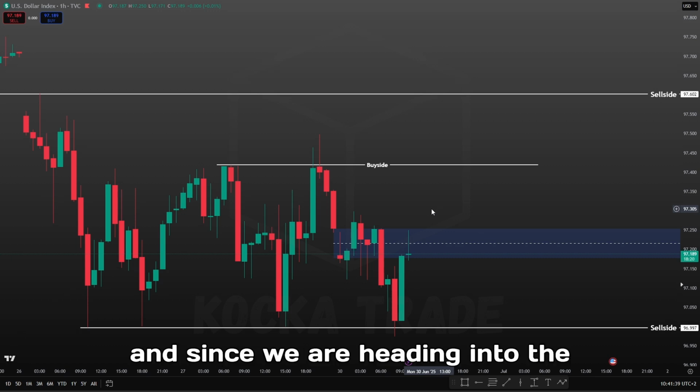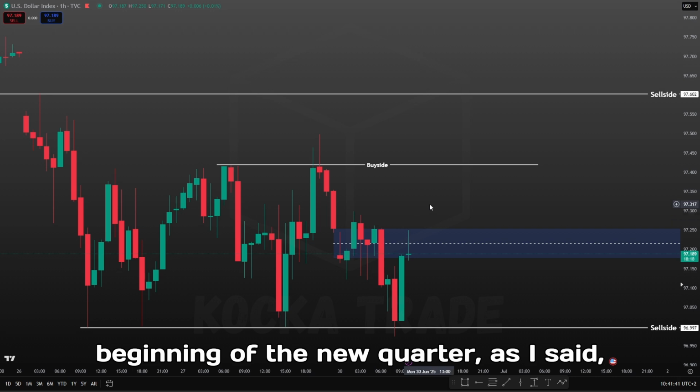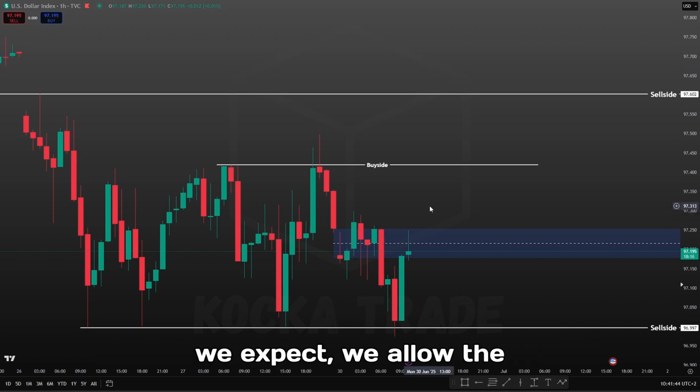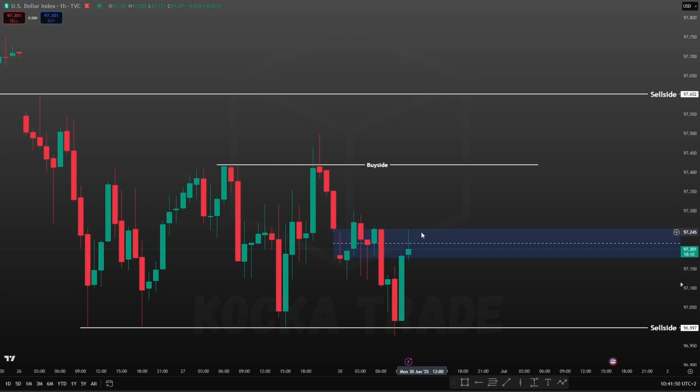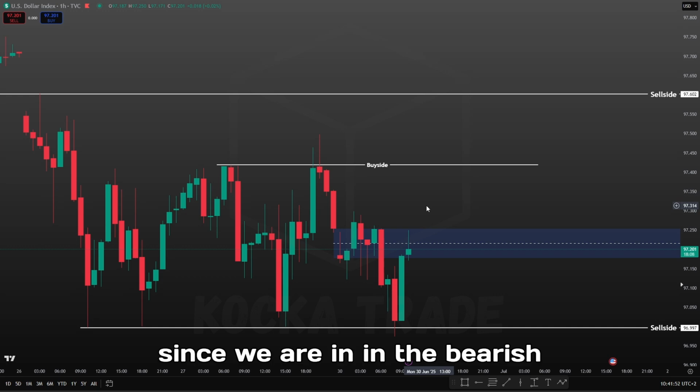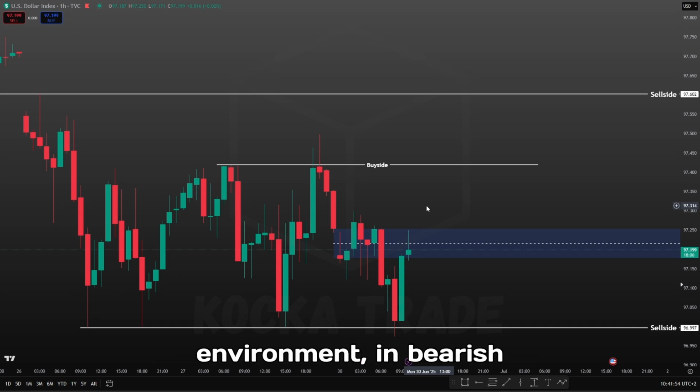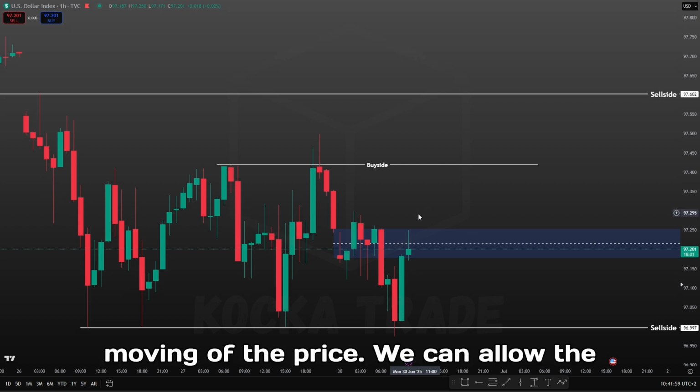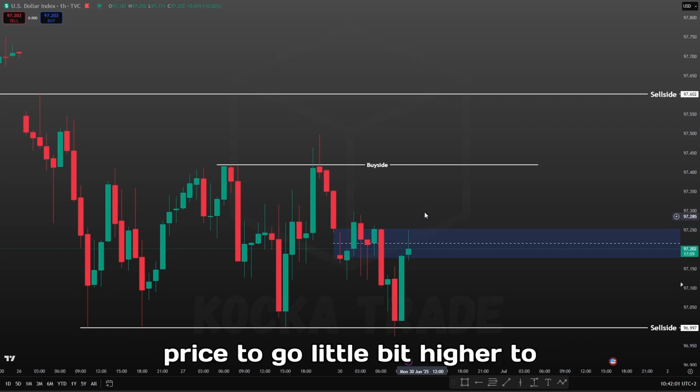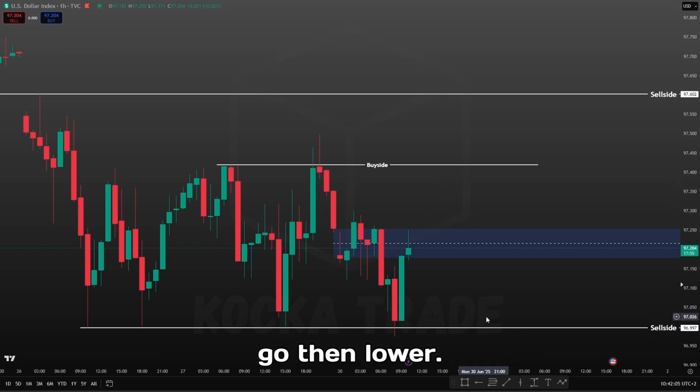And since we are heading into the beginning of the new quarter, as I said, we allow the price to make some retracement, since we are in a bearish environment, in bearish moving of the price, we can allow the price to go a little bit higher to go lower.